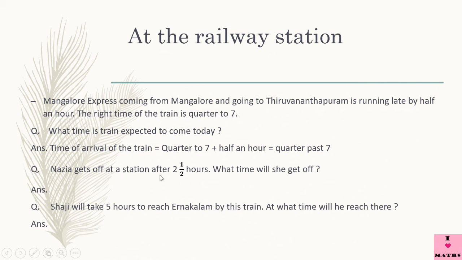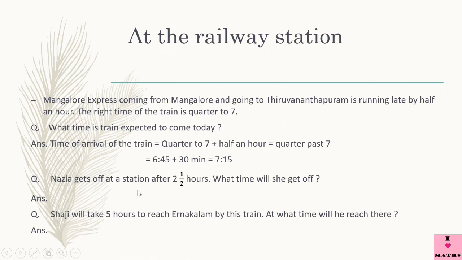Nazia gets off at the station after 2.5 hours. What time will she get off? Now, see children, Nazia has got off at a station after 2.5 hours. Since it is after 2.5 hours, we have to add 2.5 hours.